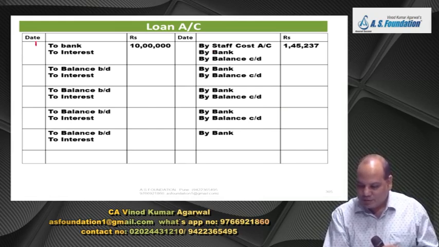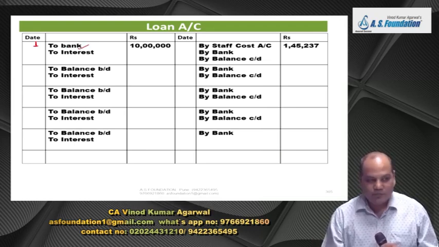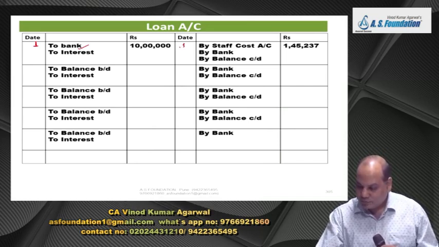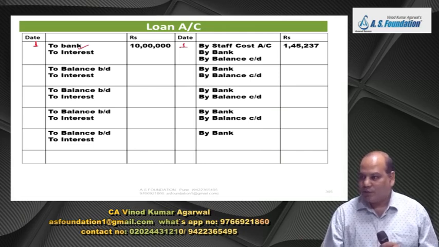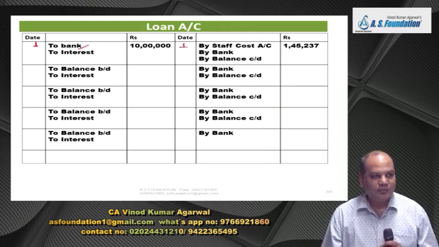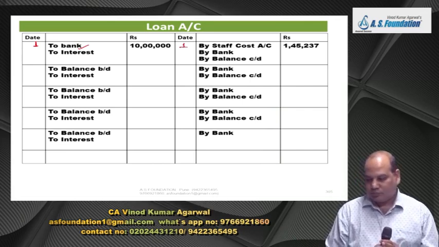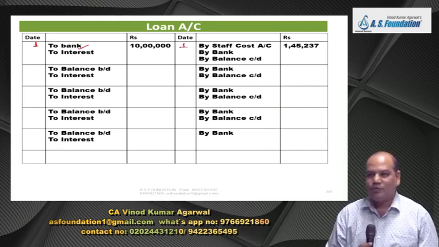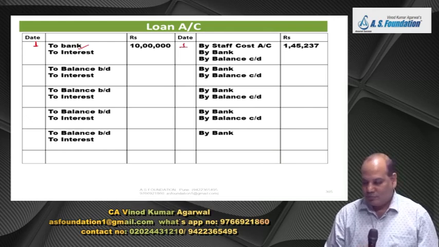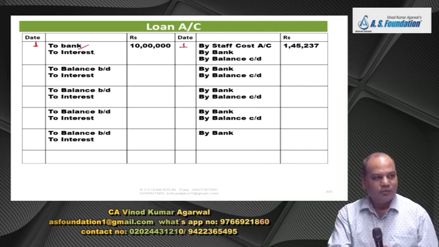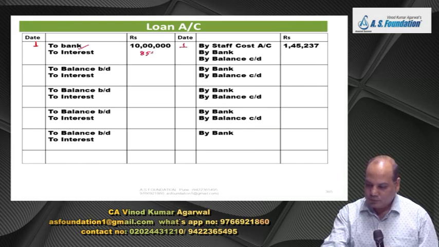First entry, year 1, to bank 10 lakh. This was my first entry. Staff loan to bank. My second entry was staff cost to staff loan 145,237. By staff cost 145,237. Then I will pass the entry for interest earned using the effective interest rate. So can you just tell me how much was that amount? 85,476.